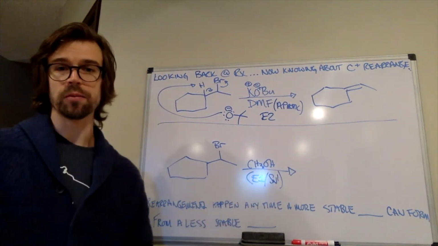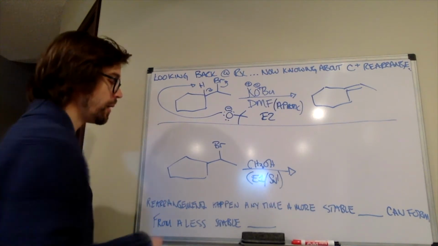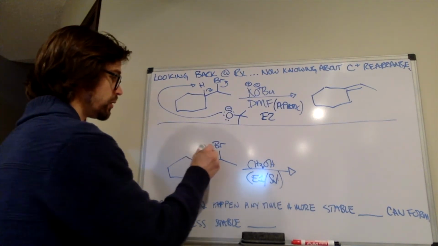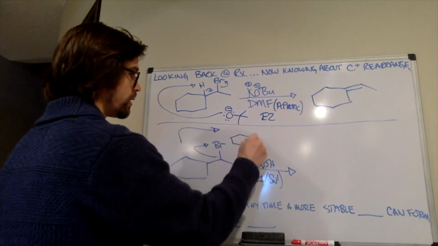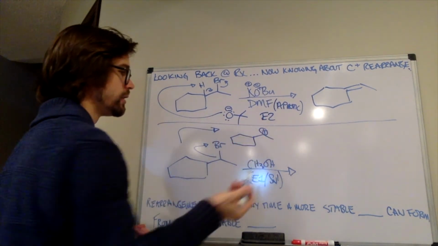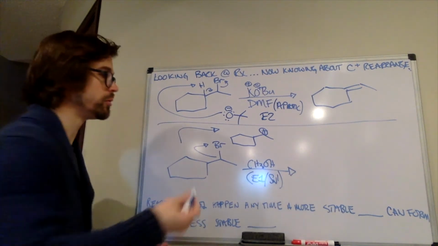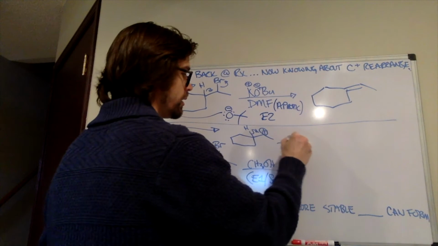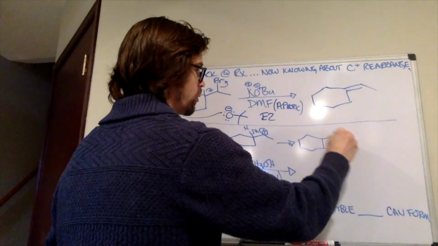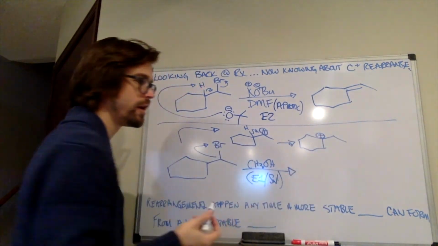So why do these carbocation rearrangements matter? Well, for the SN1 product, we would have formed our carbocation. That would have been like that. It's a secondary carbocation. This would rearrange then. This hydrogen would pop over there to form the more stable tertiary carbocation.